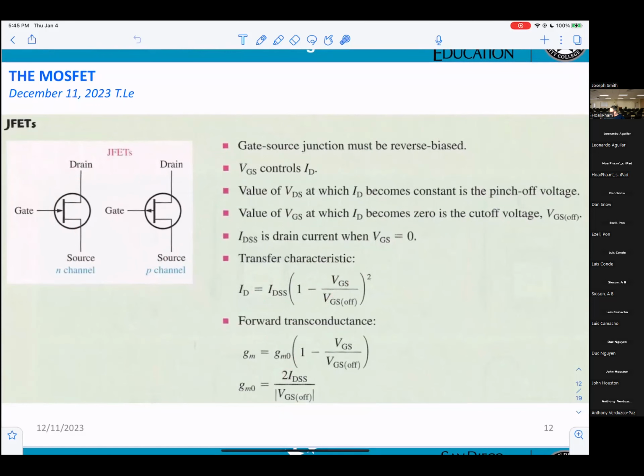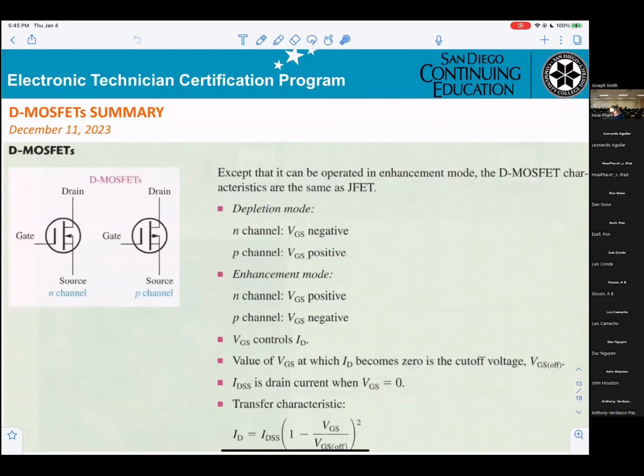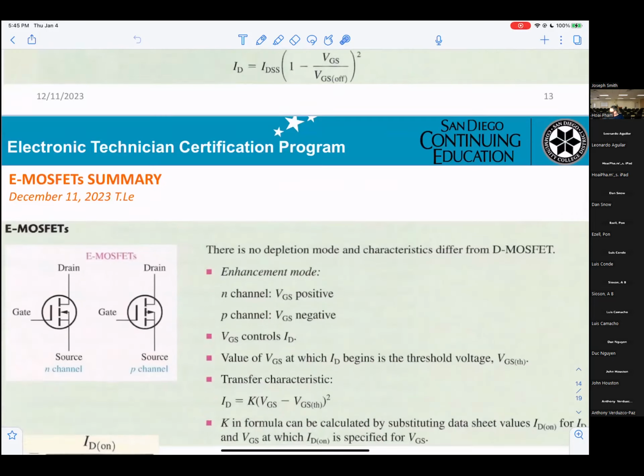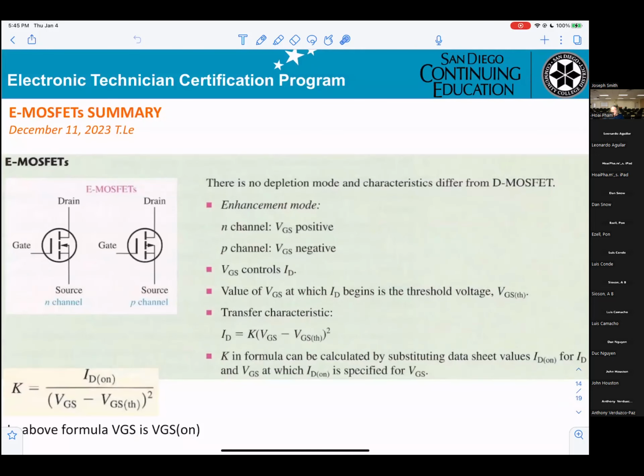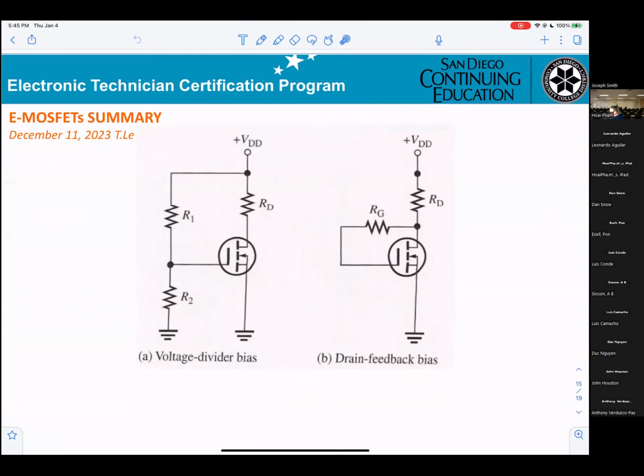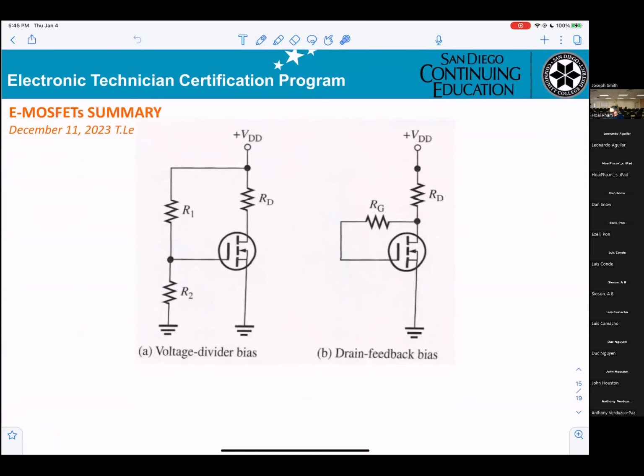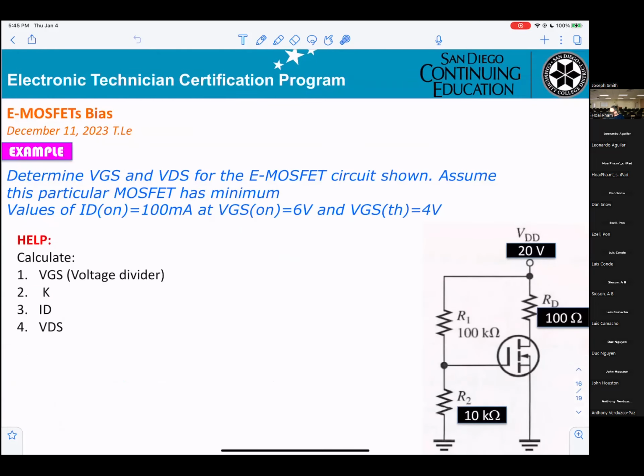Every formula is in here, and that's the MOSFET summary, and that's the E-MOSFET. Okay, E-MOSFET uses voltage divider, or they can use drain feedback bias. That means DC bias.